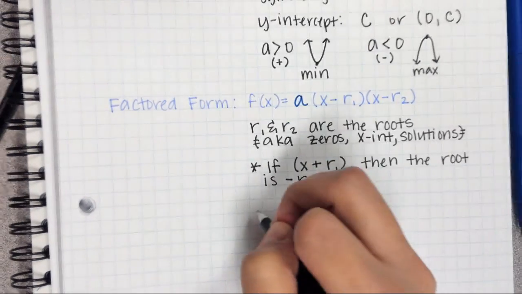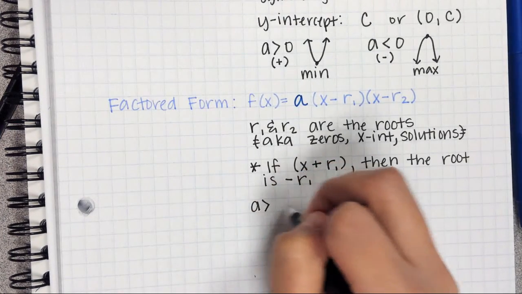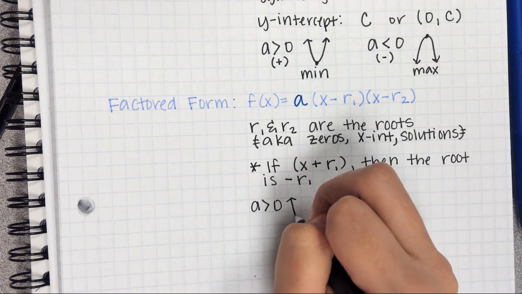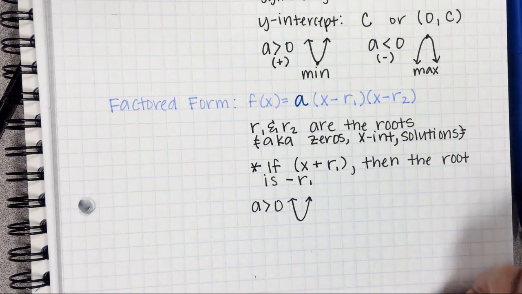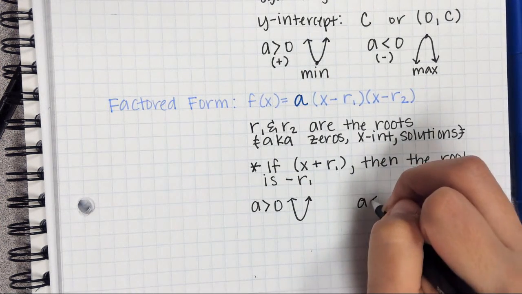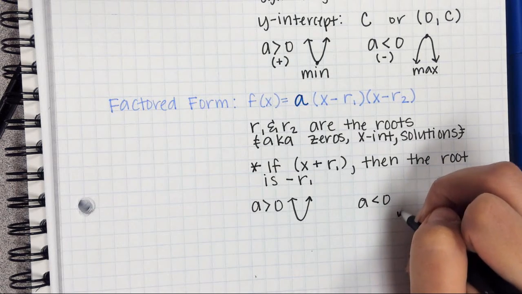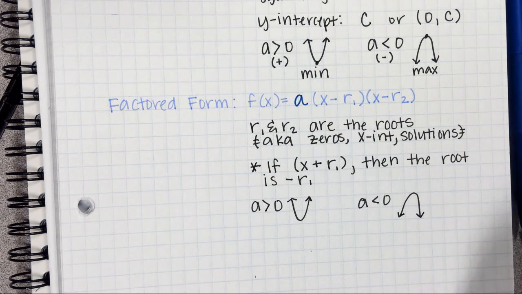And then just like before, if a is greater than 0, it opens upward. If a is less than 0, it opens downward.